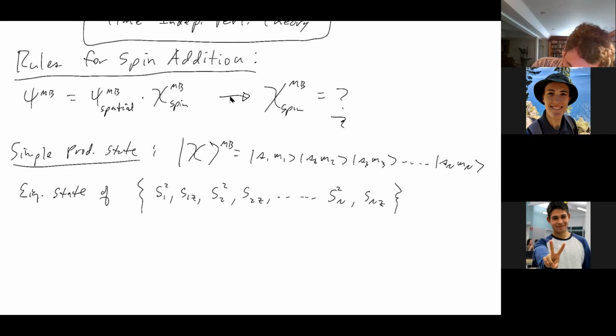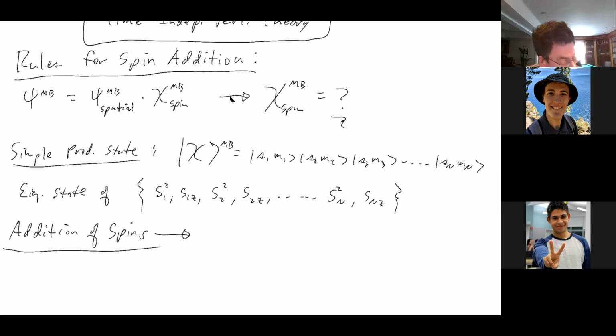But addition of the spins is the same as converting to a new basis. So we want to convert our representation of our many-body spin state to a new basis.